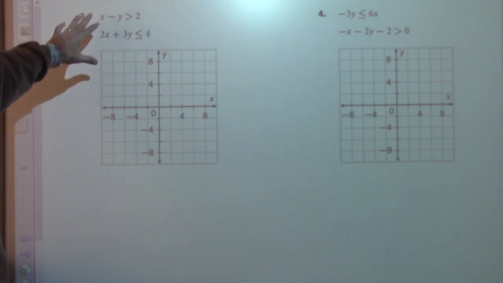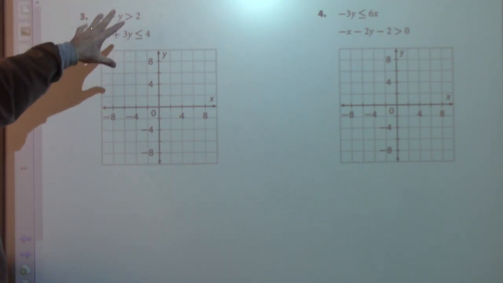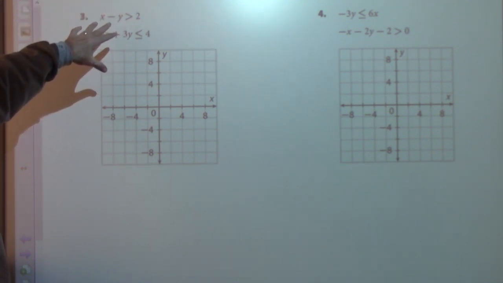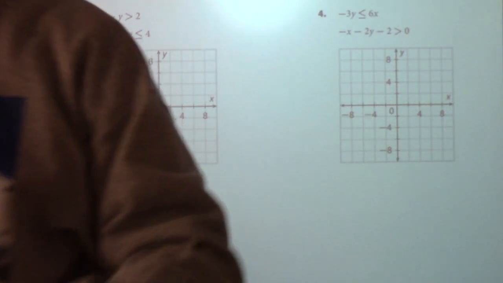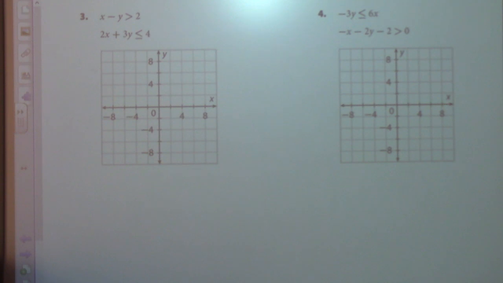We do not. So there's some more work to be done here, isn't there? And likewise for problem 4. So let's go ahead and change that to slope-intercept form.